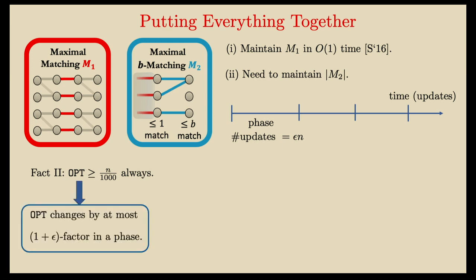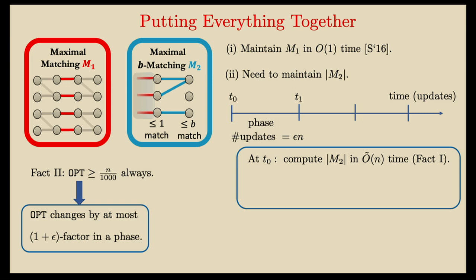At the start of a phase, just compute the size of M2 using this elegant algorithm of Sohail's. We know how to do this in n polylog n time. We only know how to get the size, not M2. Now, mu is this convex combination of the size of M1 and M2 at the start of the phase.